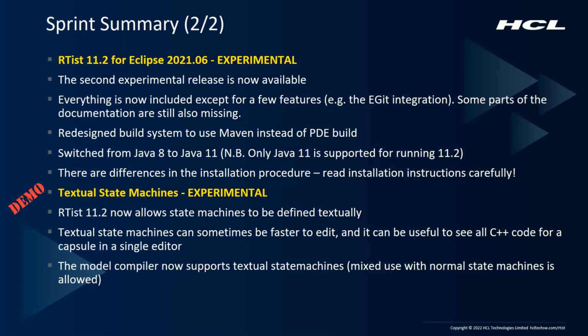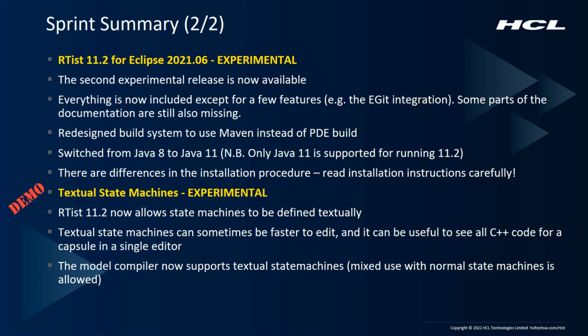And just a recap of why this time it's a big work for us to upgrade to this Eclipse. The reason is that we have now switched from Java 8 to 11, because the new Eclipse only supports Java 11. This in turn has triggered us to redesign our build system to use Maven instead of PDE build.